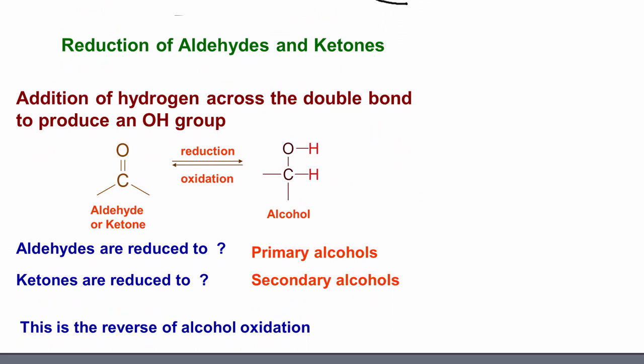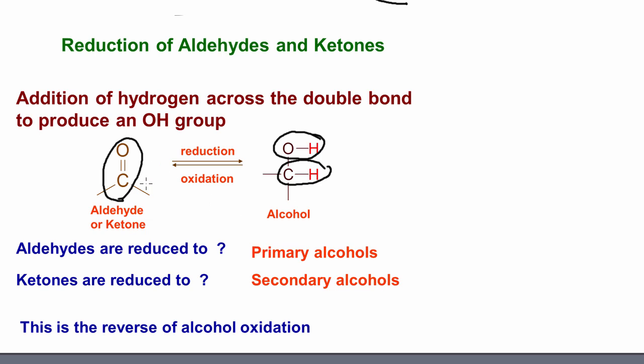Okay, so let's talk a little bit about reduction of aldehydes and ketones. And in a reduction, we add hydrogen across the double bond in order to produce an OH group. So here we have a carbonyl group, and it undergoes reduction. And notice that the carbon-oxygen double bond breaks. So remember, a double bond has both a sigma and a pi bond, so it's the weaker pi bond that breaks, and hydrogen is added to the oxygen as well as to the carbon.